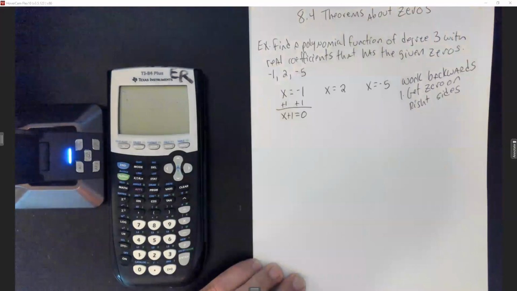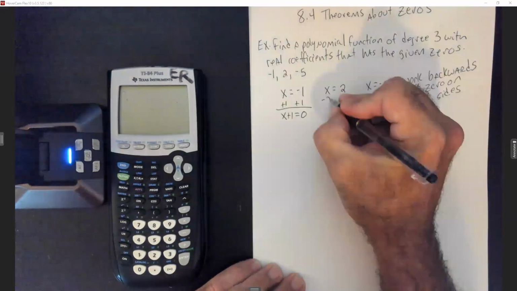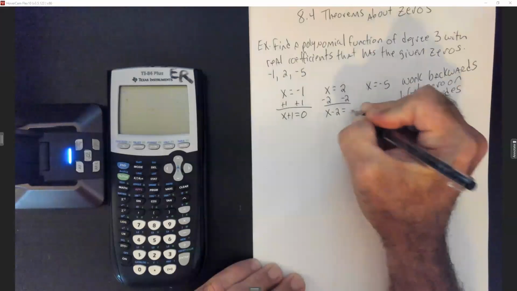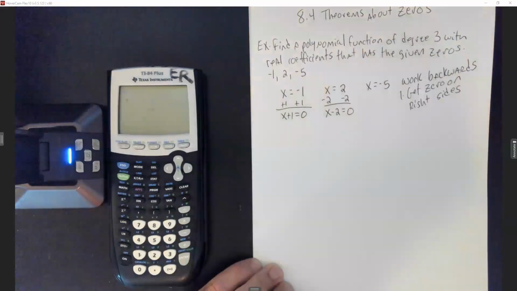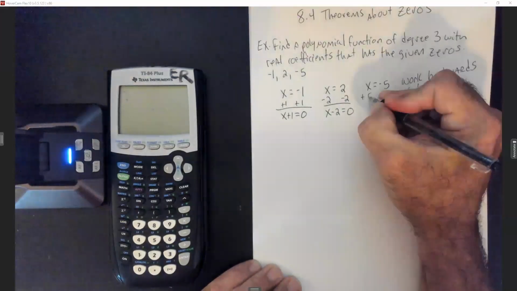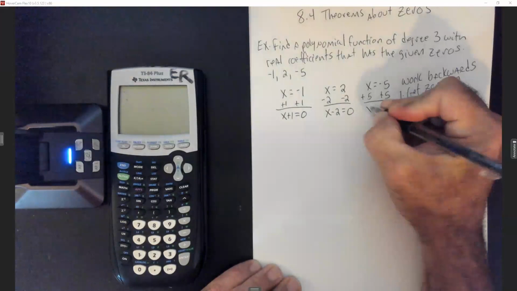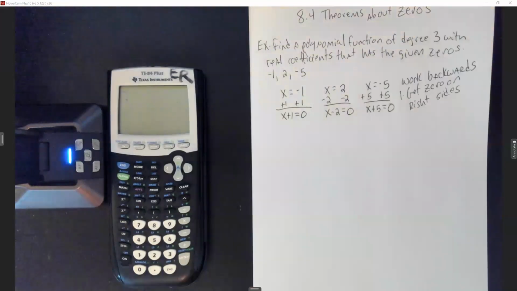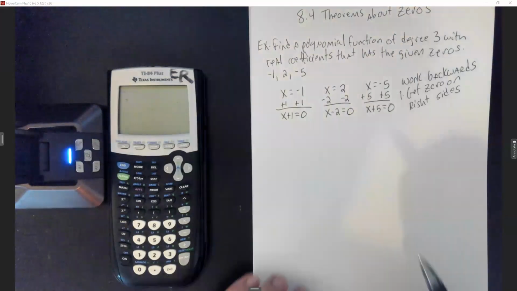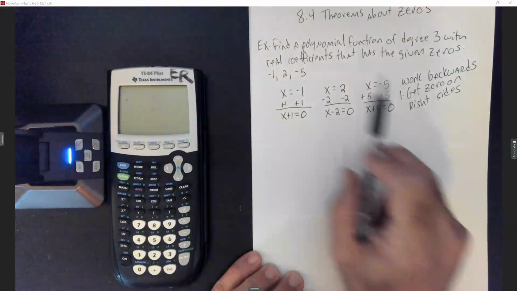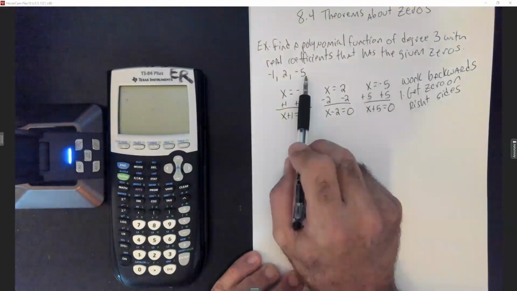Second one, since that's a +2, we would subtract 2 from both sides, and I get x minus 2 equals 0. And then the third one, since that's a -5, I would add 5 to both sides, and I get x plus 5 equals 0. But we learned the other day that all these factors always had opposite signs than our solutions, okay?